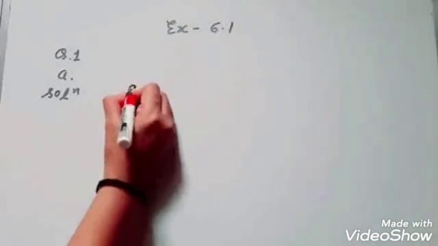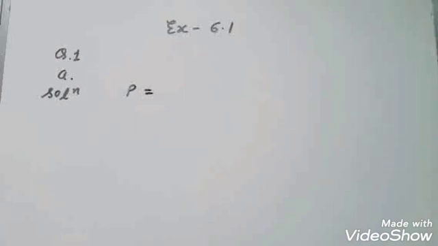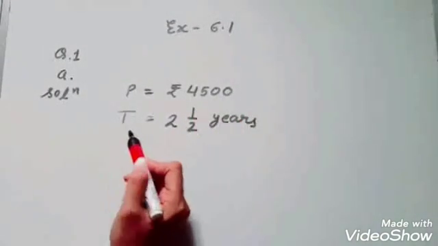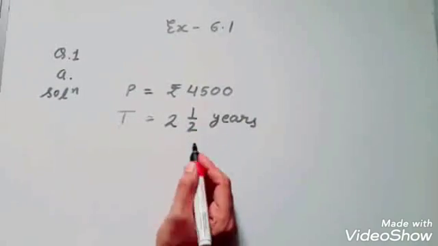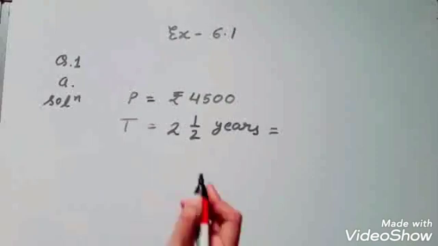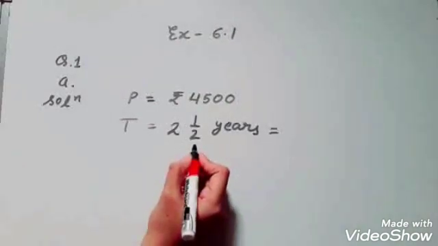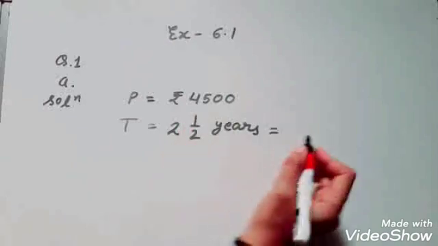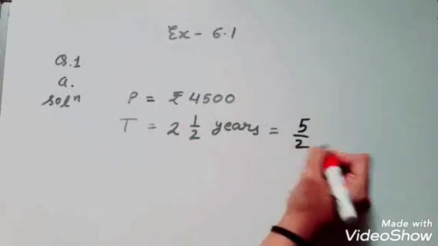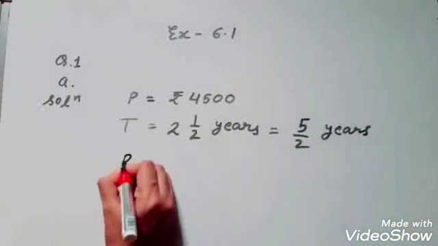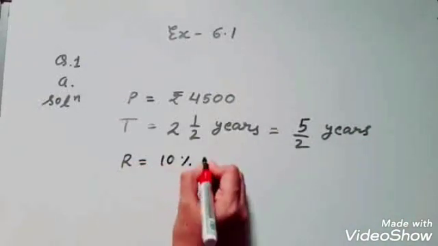So we have principal 4,500, we have time 2 and 1 upon 2 years. So it is a mixed fraction. We are converting this mixed fraction into an improper fraction: 2 multiplied by 2, 2 2s are 4, plus 1, 5. 5 upon 2 years. And rate is 10% per annum.